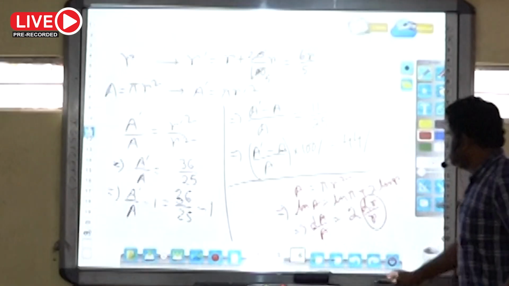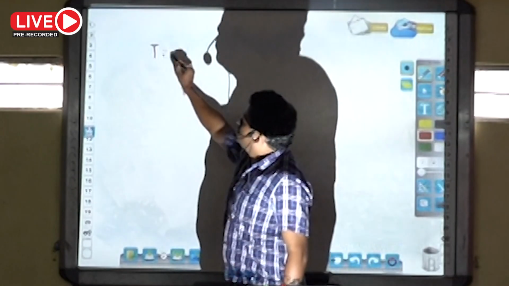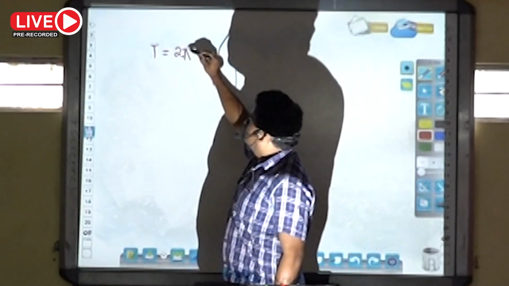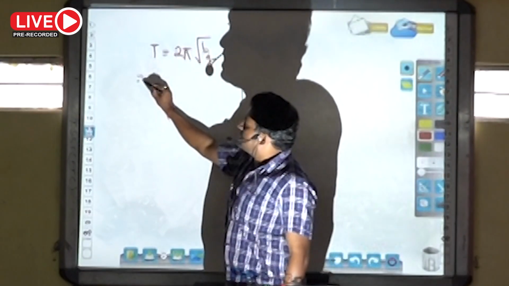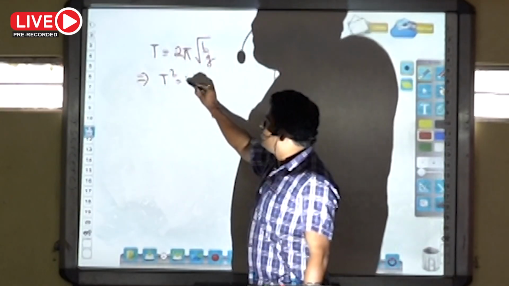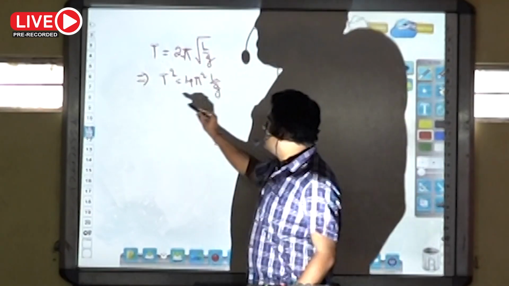Okay. Now, we know that T equals 2 pi root L by g. So from this I can square both sides: T square equals 4 pi square L by g.